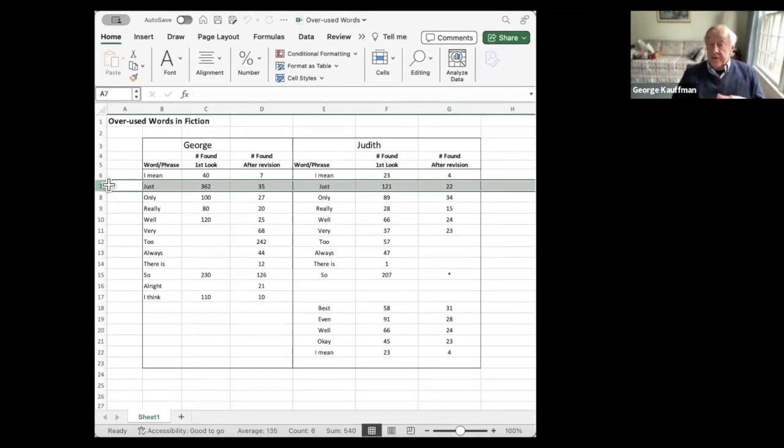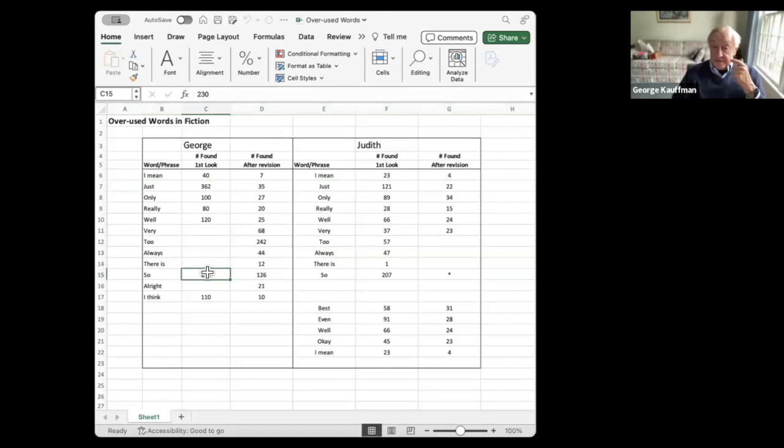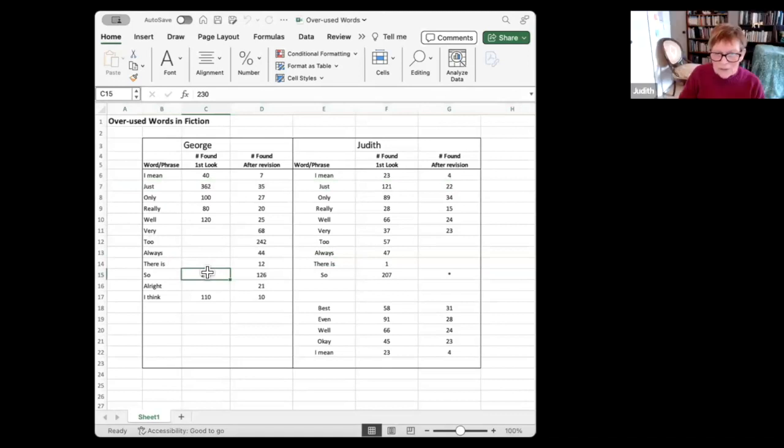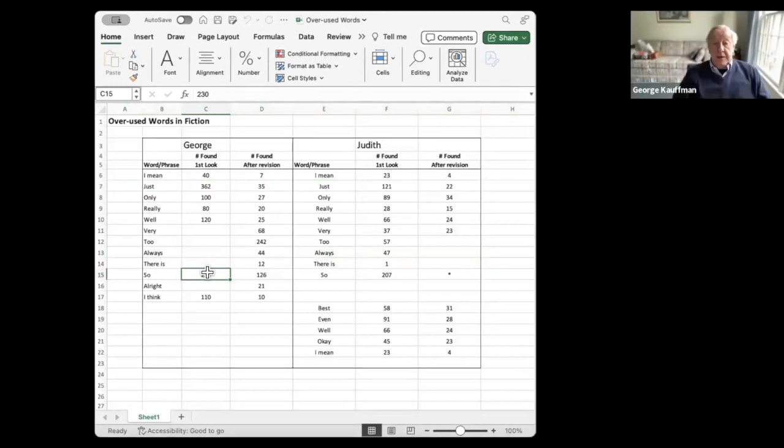That's a process you can do, and there are things that'll help you do that. But that 362 went to 35. That was pretty bad. So 230 went to 126. Judith, those are my two biggest ones. There are some hundreds and some 120s.